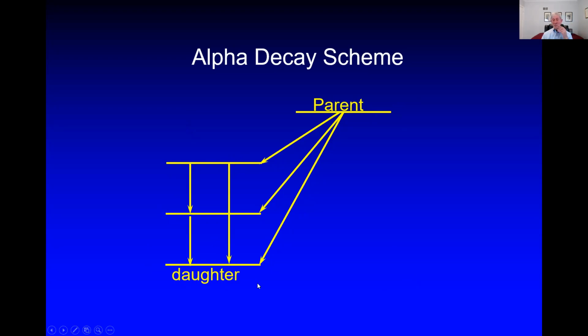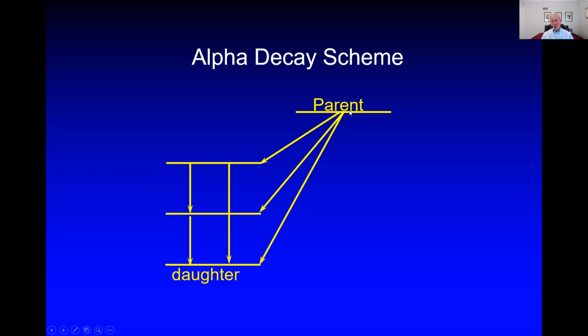Now, here's the mathematical beauty of this. The energy of this alpha right here, going from parent to daughter, that's the highest value. The energy of this alpha equals the energy of this alpha plus this gamma, equals the energy of this alpha plus this gamma plus this gamma.